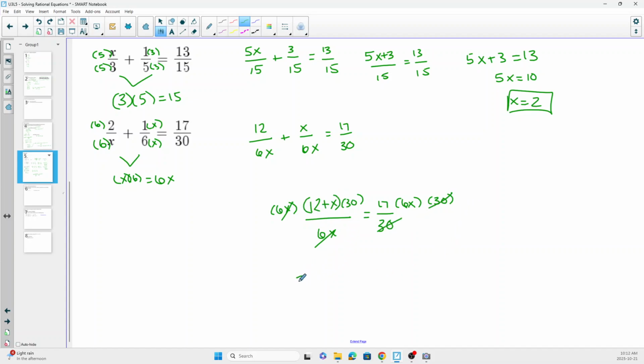So on this side, I'm left with 30 times 12 plus x, and on this side I'm left with 17 times 6x.